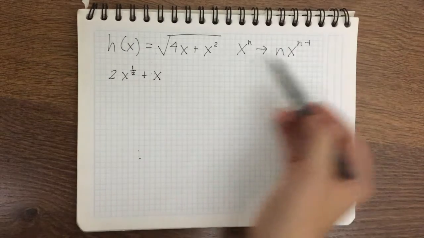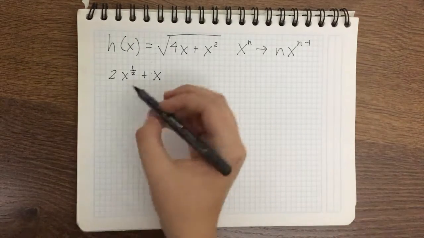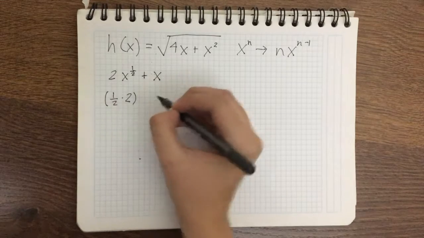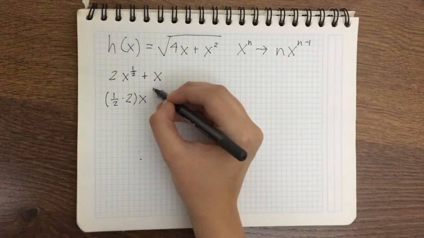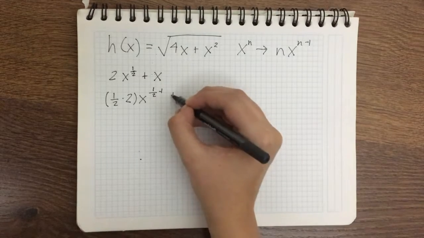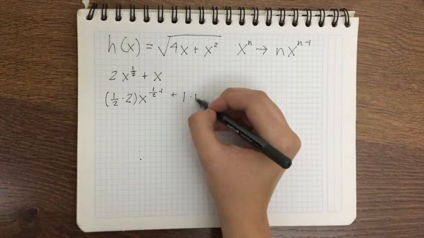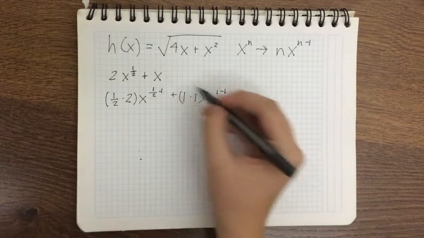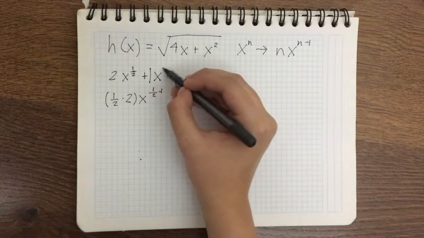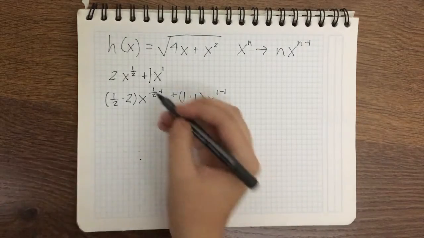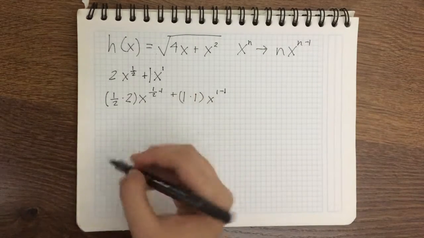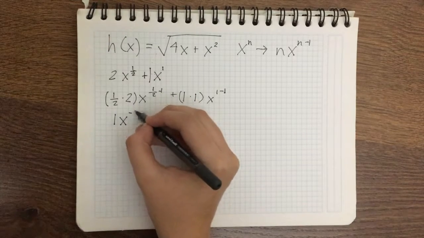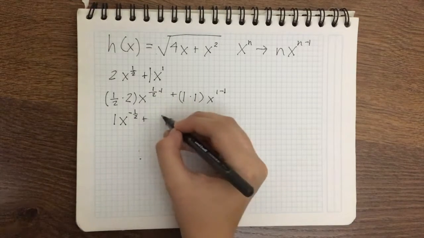Now, we just plug it into the formula we already know, which should give us 1/2 times 2x to the power of 1/2 minus 1, plus 1 times 1x to the power of 1 minus 1, because even though the x is alone, we always have a 1 here and a 1 here. Remember that.